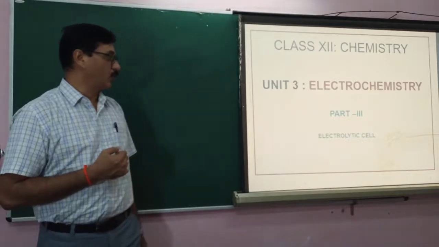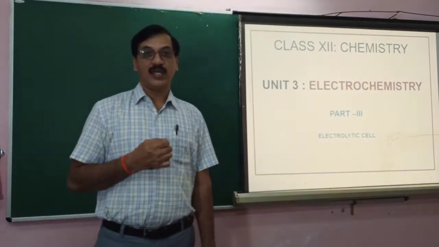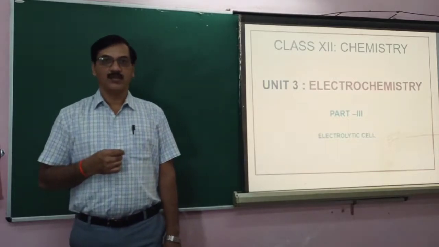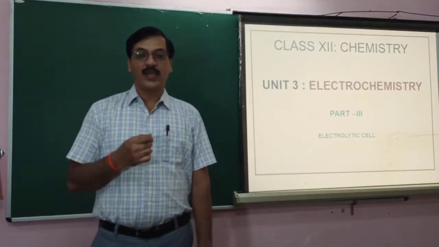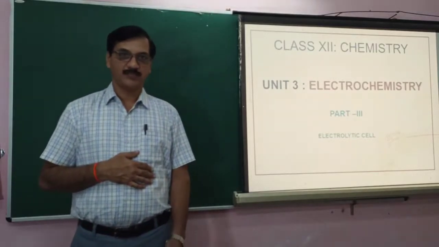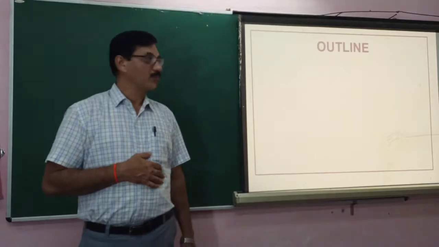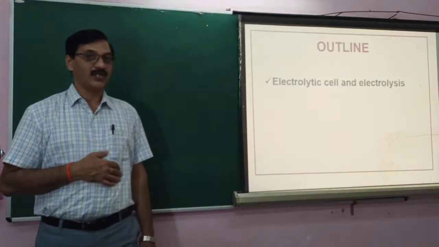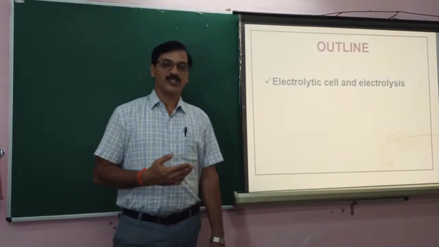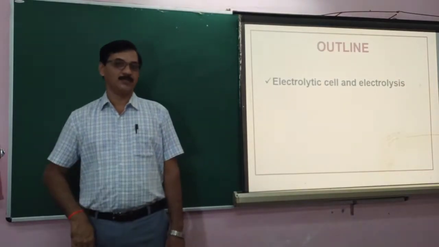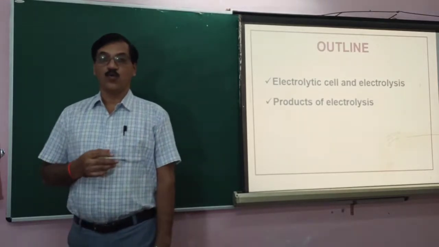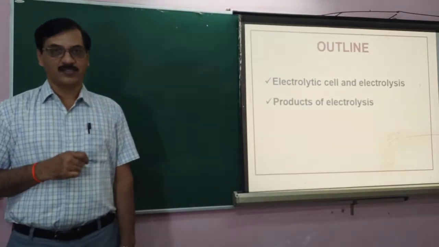In this part on the electrolytic cell, we are going to see in what way electrical energy brings about chemical change, and the different ways of doing electrolysis through the electrolytic cell, what the industrial applications are, and what the products of electrolysis are.